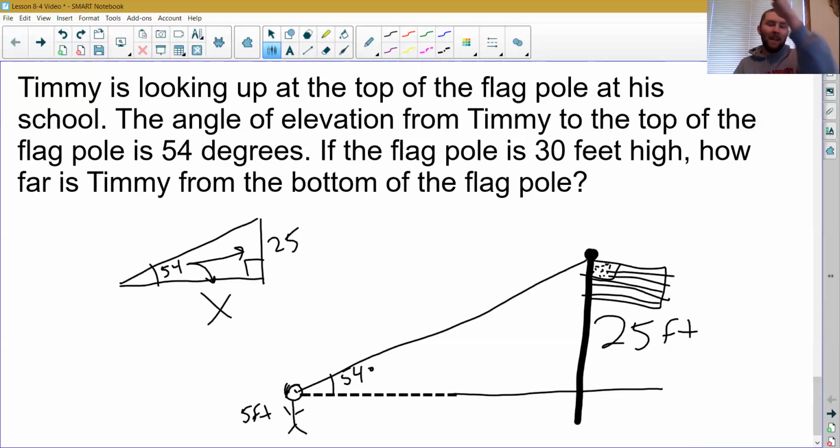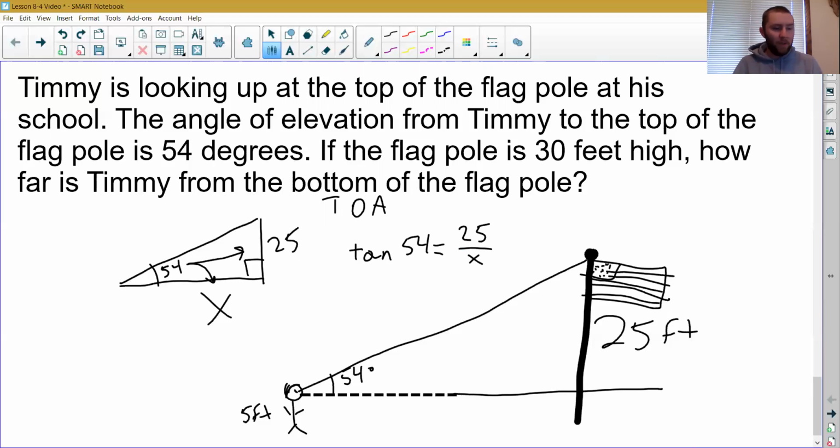Because my straight line distance, I don't care about. I don't care how far Timmy's eyeballs are actually from the top of the flagpole. I want to know how far away is he from the bottom of the flagpole, right? How far away is he standing? So when I have the opposite leg and the adjacent leg and nothing about the hypotenuse, I need to use tangent. Okay, so what I do is I set up tangent of that 54-degree angle is equal to 25 over X. Okay, 25 over X.